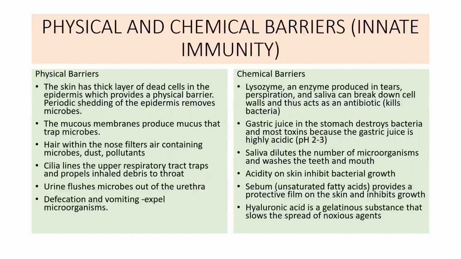This HCl creates a low pH, which will not allow the bacteria to grow or develop. The various enzymes produced by the gastric and intestinal juices will act upon the bacteria and kill them.